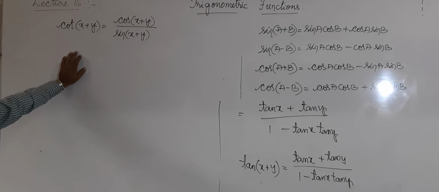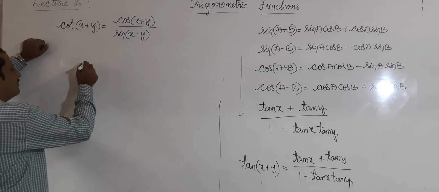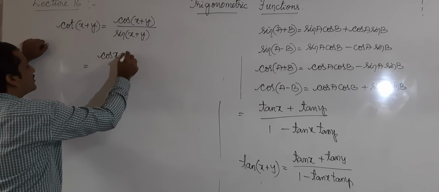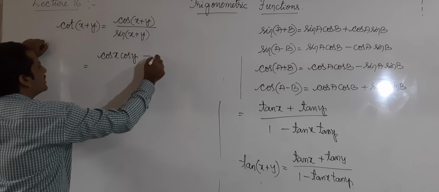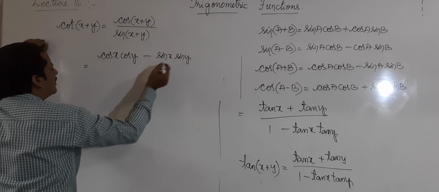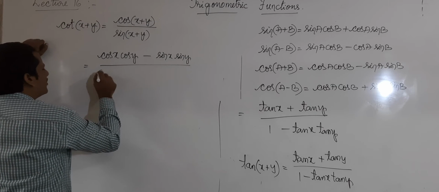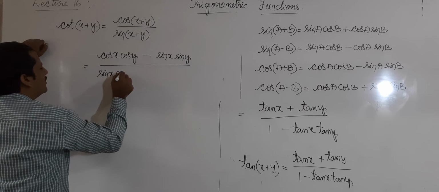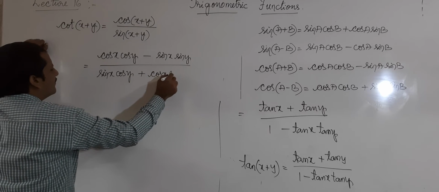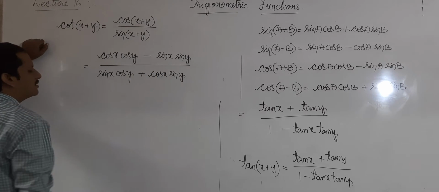So cos(x plus y) is cos x cos y minus sin x sin y, divided by sin(x plus y), and sin(x plus y) is sin x cos y plus cos x sin y.